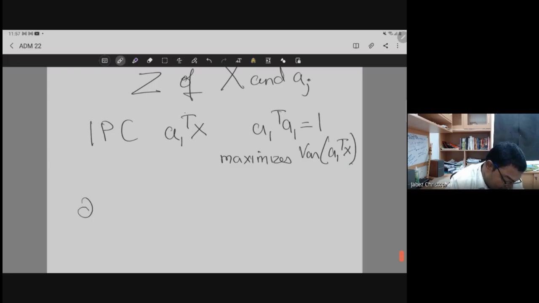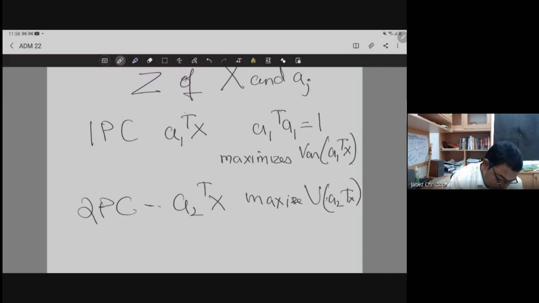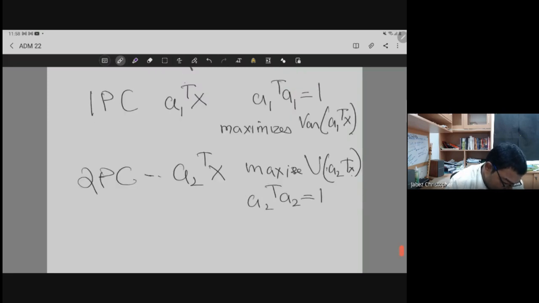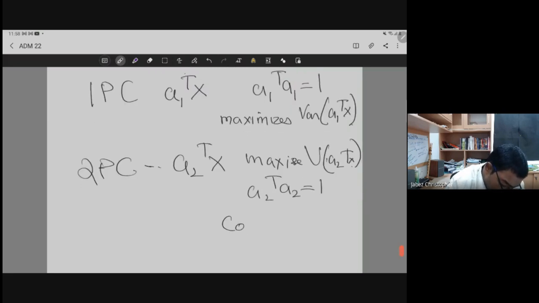Likewise, the second principal component will also have A2t of X to maximize, subject to the condition A2 transpose A2 is equal to 1, right? And covariance of A1 transpose X and A2 transpose X is 0.